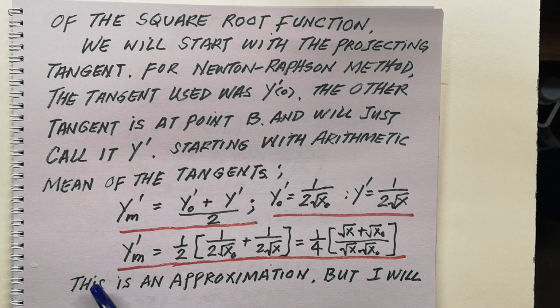So therefore, the average y prime equals 1/2 multiplied by the quantity 1 over 2 square root of x0 plus 1 over 2 square root of x. And you'll get this: 1/4 times square root of x plus square root of x0 divided by square root of x times square root of x0.